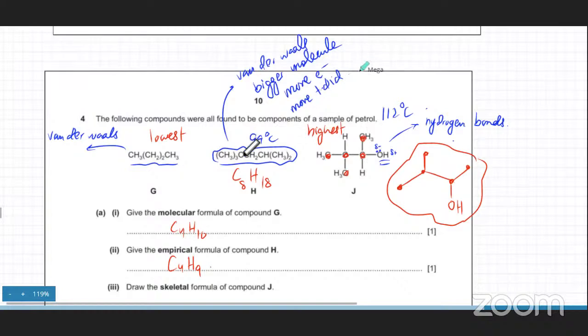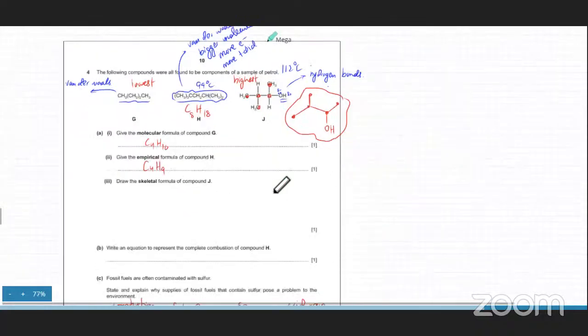It only has 5 carbon atoms. This one is bigger. It's 8 carbon atoms. So van der Waals forces vary with the size of the molecule.